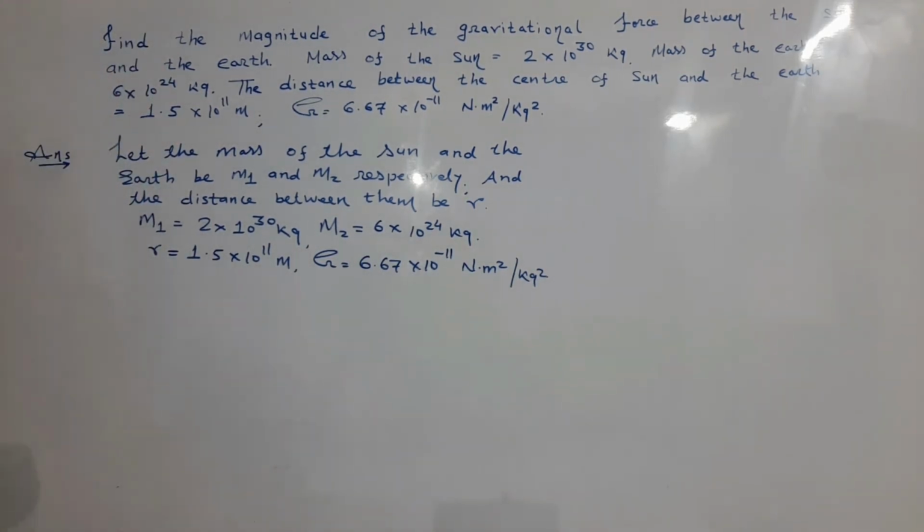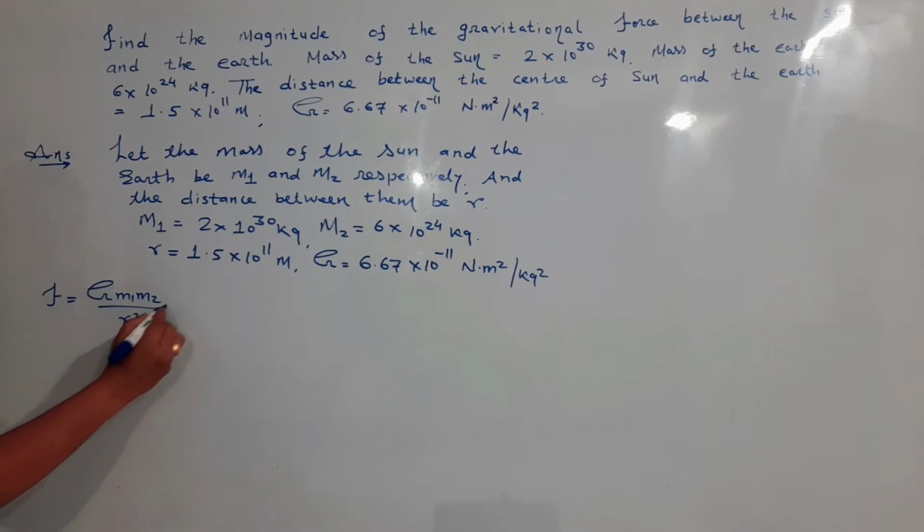My dear student, here we have a formula, and you all know that formula. F is equal to G m1 into m2 upon r square.